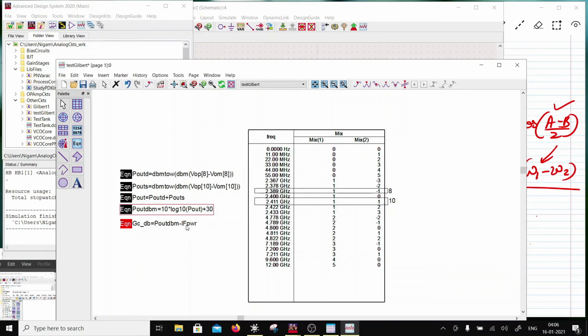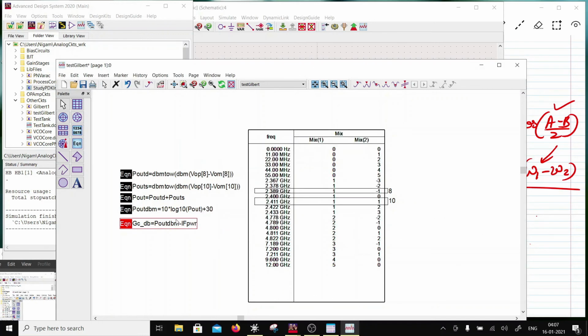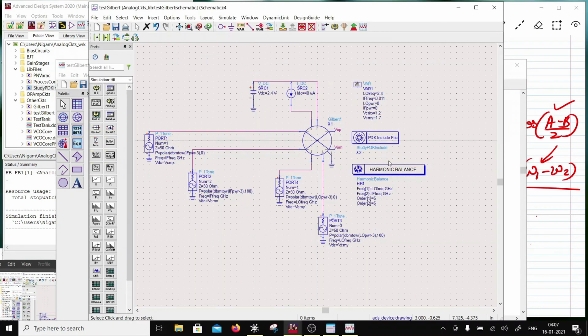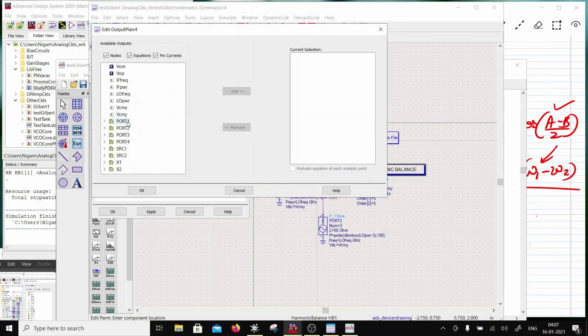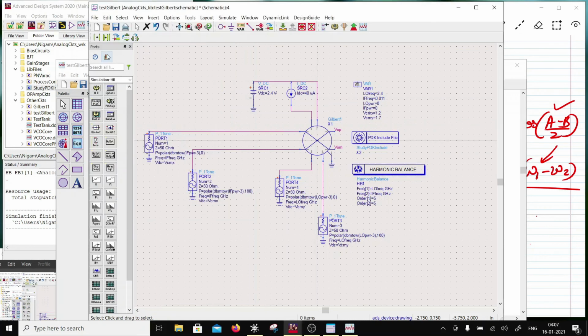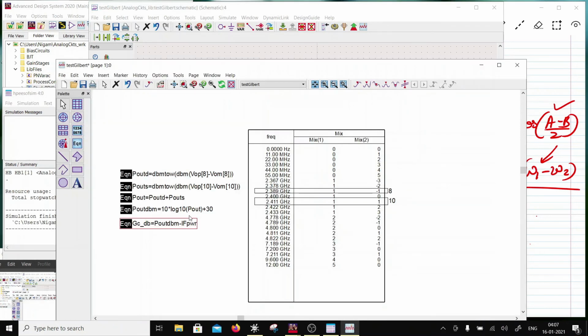Correct? So let's see if IF power is available. So IF power is not available here, though we are sweeping it. So what we have to do here is go to output, and you have to add IF power to this. So this will be output in the data set, and when you simulate this one again, we have this in black color, right?